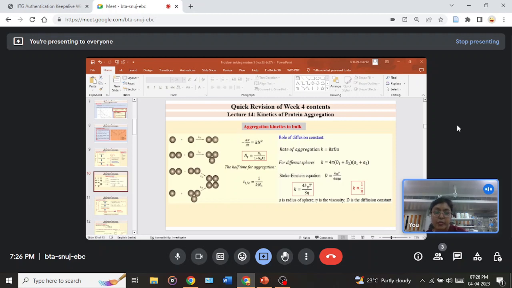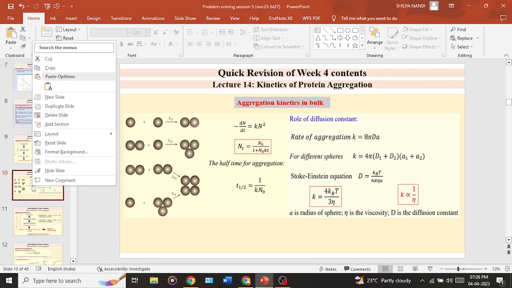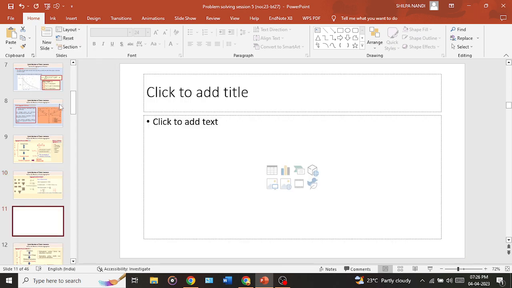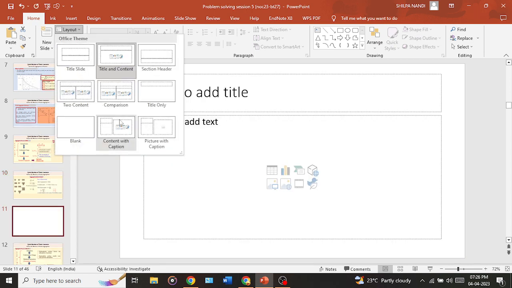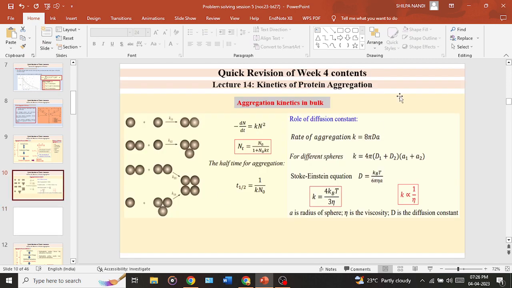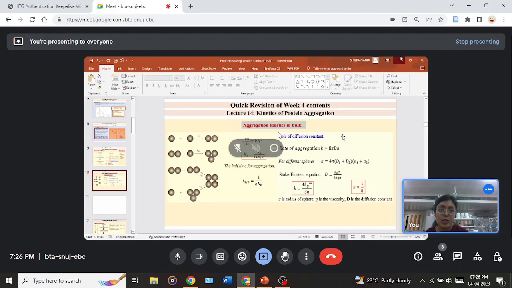I think this was also discussed in the lecture, but we can try once, so that you may recall exactly where these expressions are coming from.